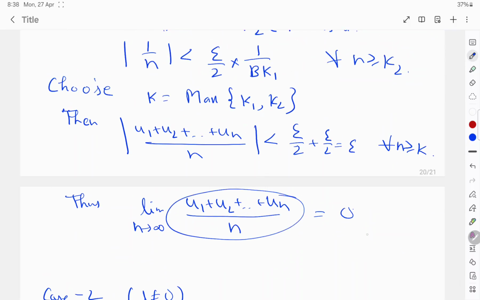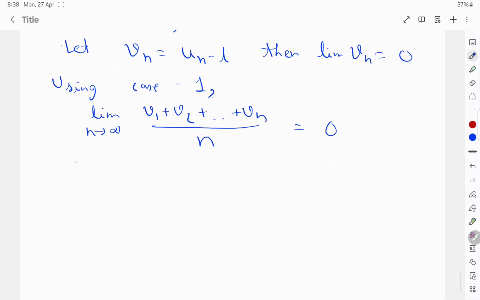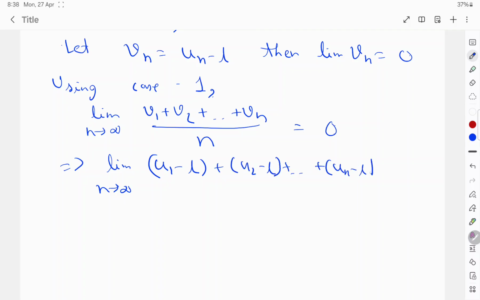This is a sequence, if it is 0, so obviously you have to show this thing. So here you have (v1 plus v2 dot dot dot v_n) by n equal to 0. Now you just substitute all the values, so basically v1 will be u1 minus L, right? Second will be u2 minus L, dot dot u_n minus L, by n equal to 0.